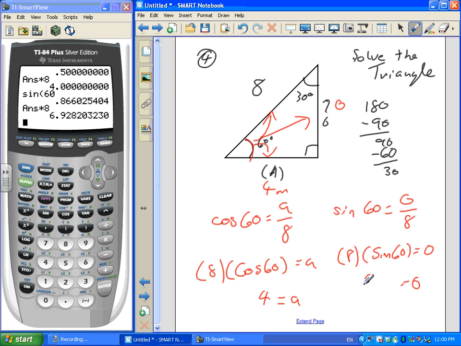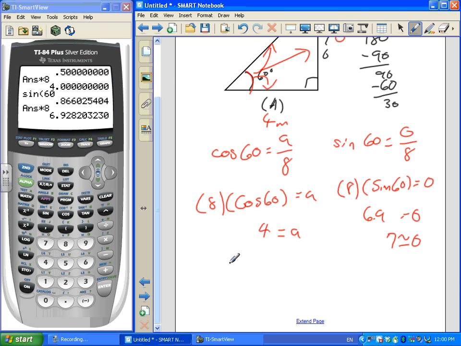So the opposite side is equal to 6.9. Many of you guys rounded to 7. So the sides of the triangle: the question mark is approximately 7 meters, side A was 4 meters. And our missing angle, oh, they don't give them letters. Our missing angle is 30 degrees.